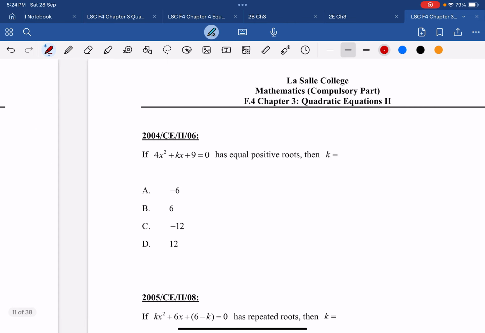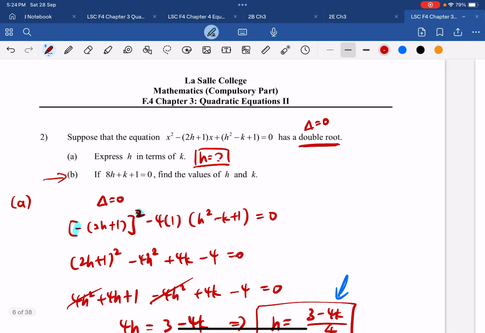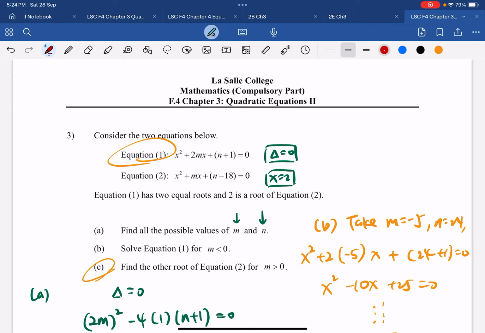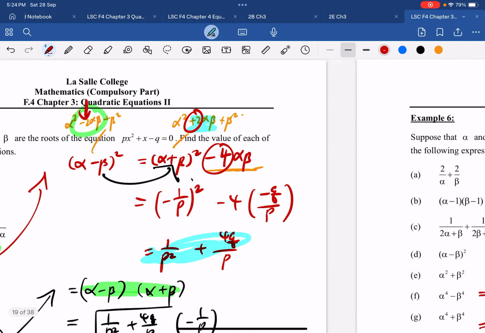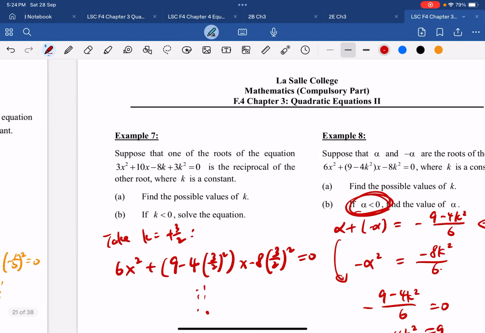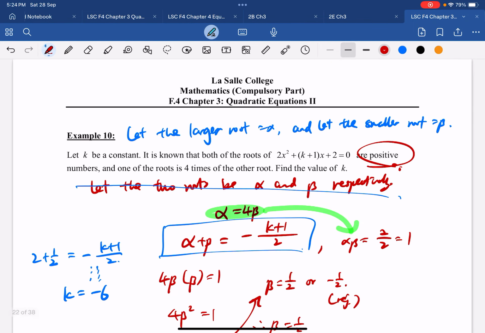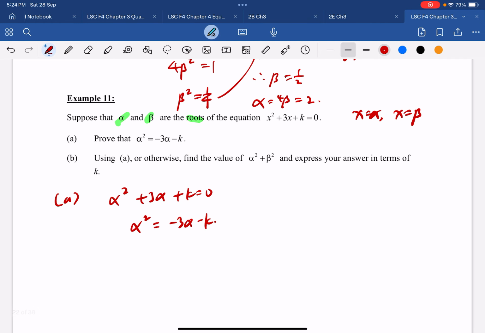We say 2 is a root for equation 2, so I told you you need to substitute x equals 2, right? And now we are saying that alpha and beta are the roots. So you can substitute alpha to x and substitute beta to x. Okay?